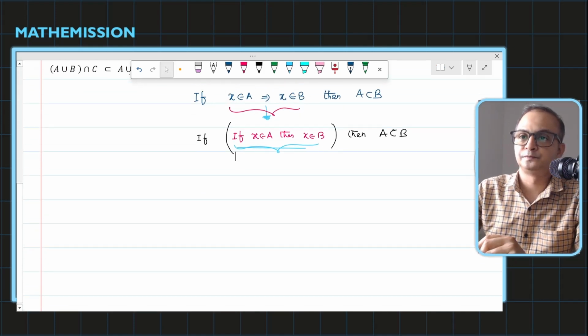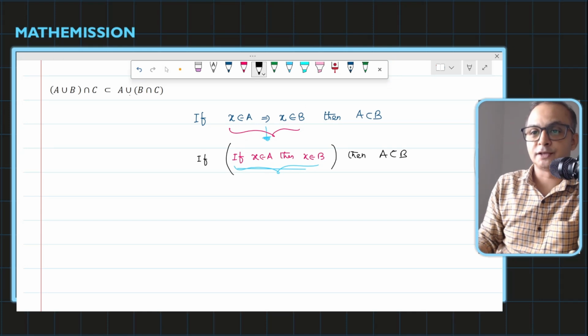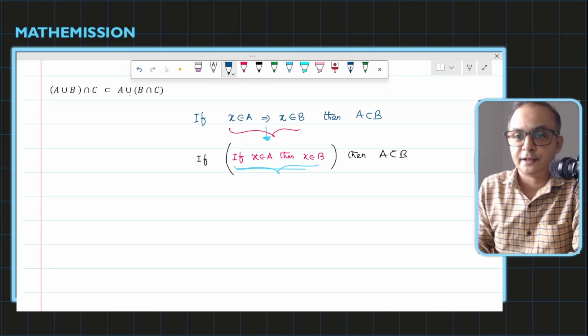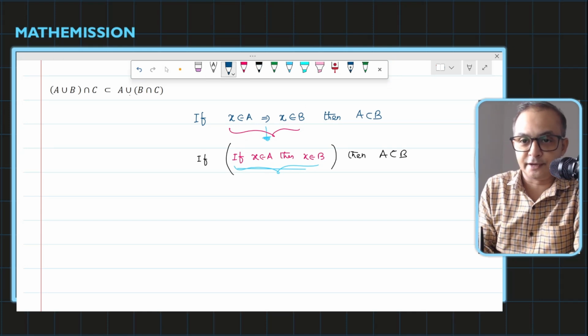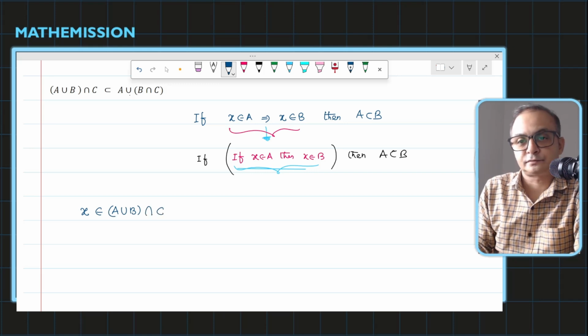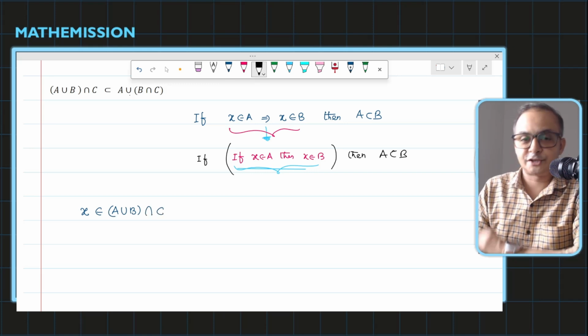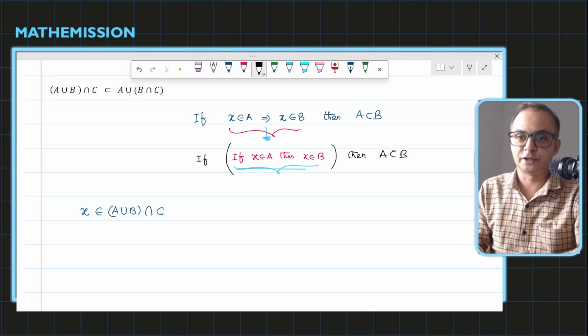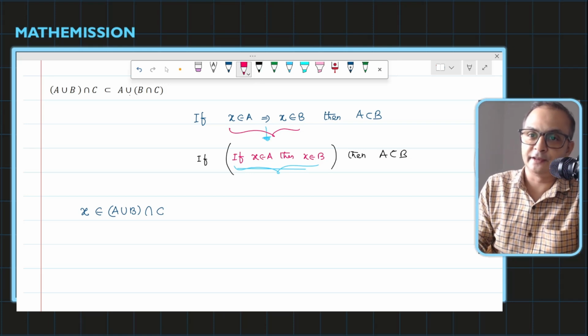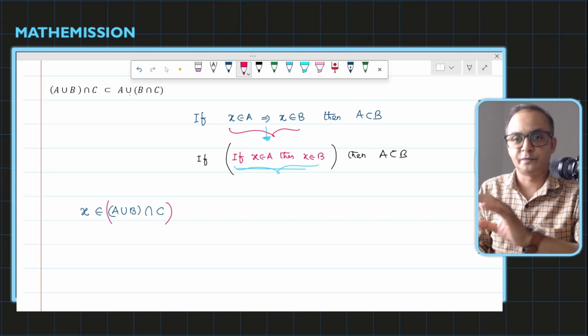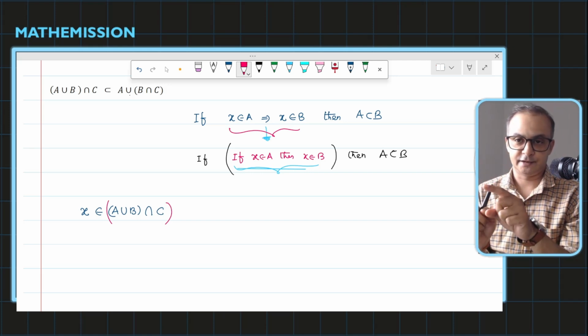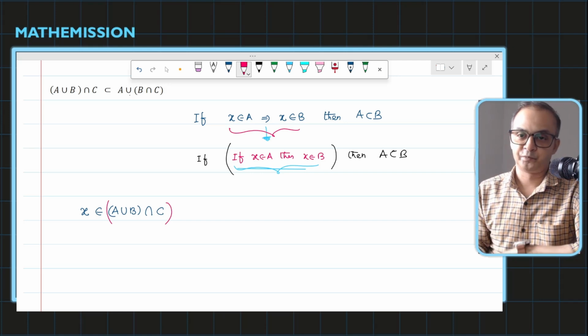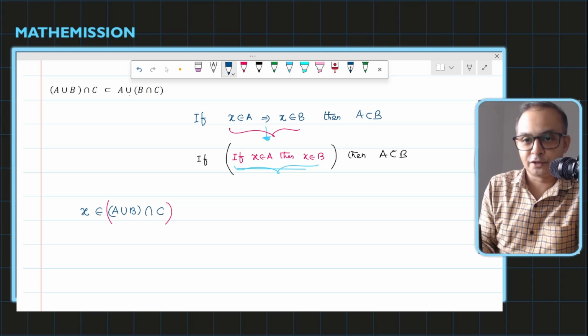So what do we do? We have to assume an element inside this particular set. So I'm taking x belongs to A union B intersection C. And always try to use the bracket properly so that you can understand the entire thing easily. So this is the entire one set, A union B intersection C. So how do we decode this thing?